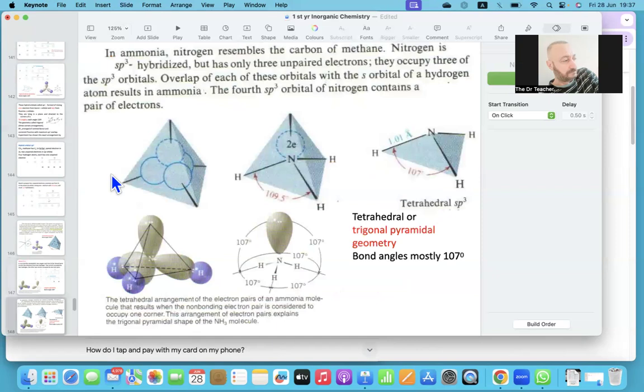Okay, we come to ammonia. Nitrogen is 7, so 1s2, 2s2, 2p3. You see 2p3, 2s2, so I have 5 electrons in the outer shell.